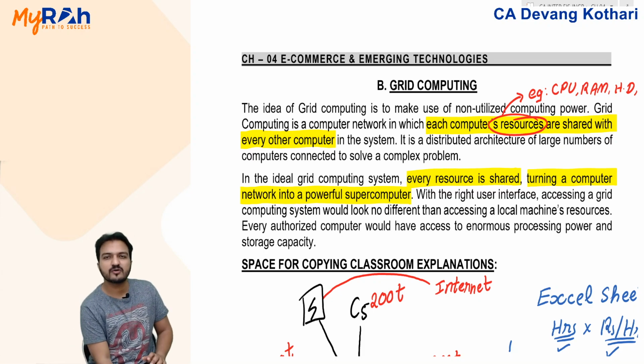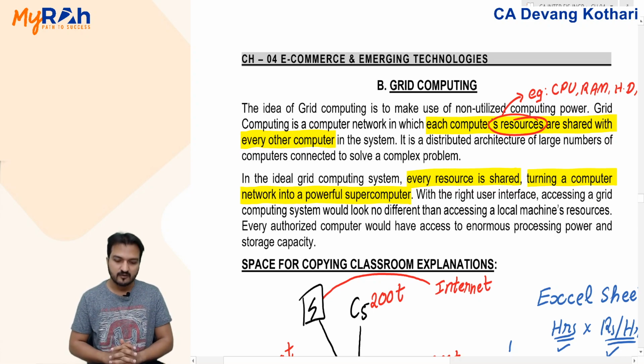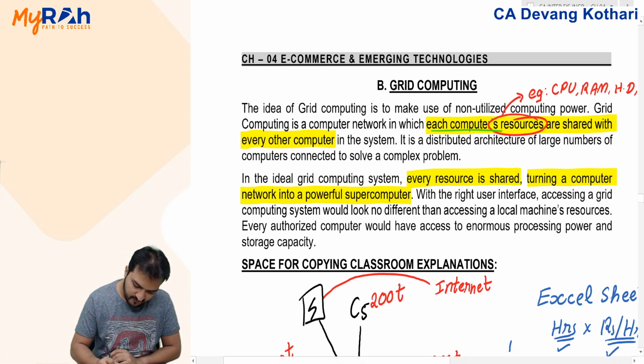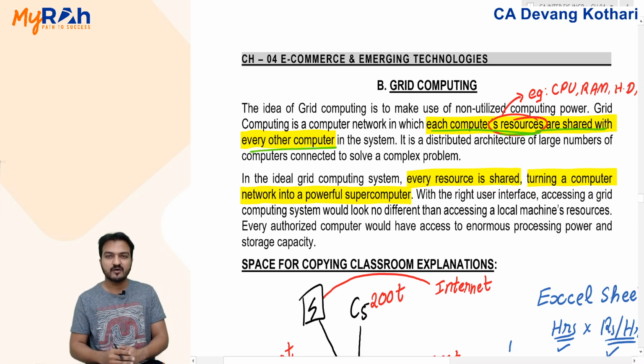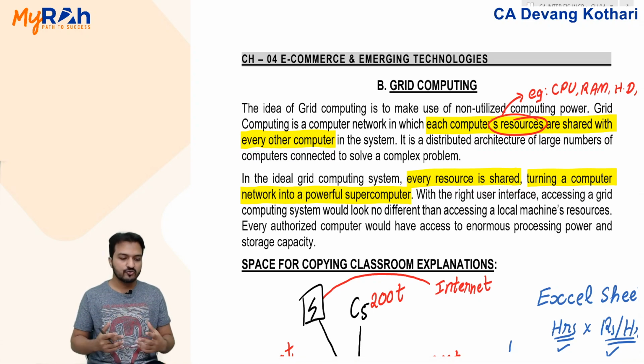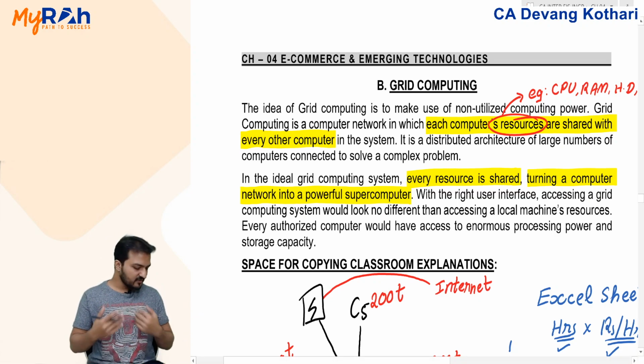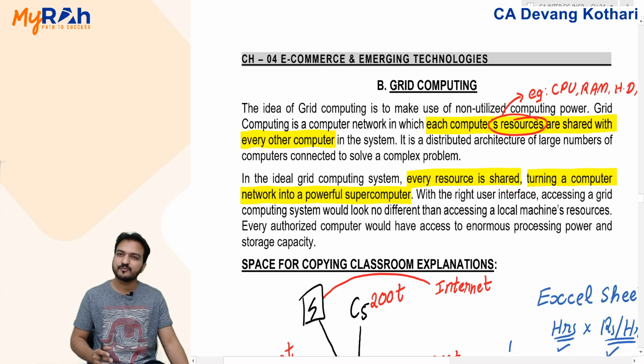Next, we talk about grid computing. Grid computing was a very advanced way of creating a network in which each of the computer's resources are shared with every other computer. Remember, the main concept behind grid computing was that not only is my data shared, not only are my programs shared, but all my resources are shared with other computers on the network.